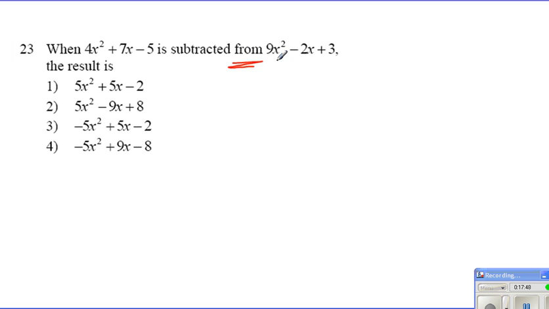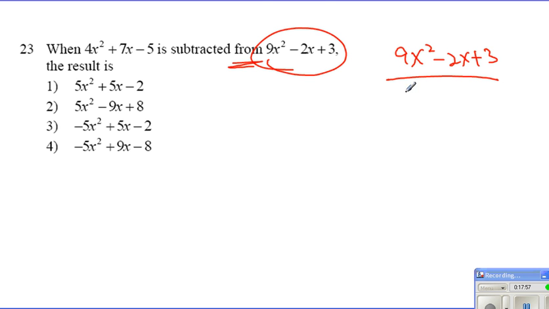Now this one is subtracted from, that means this one goes first. 9x squared minus 2x plus 3 minus 4x squared plus 7x minus 5.